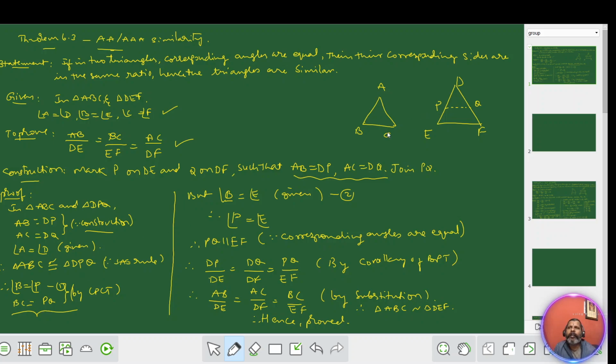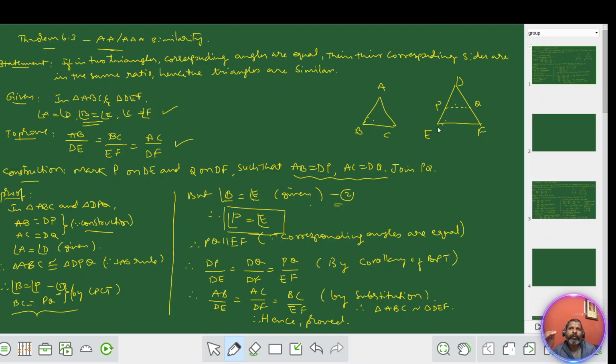But we know B is equal to E by given. Just now we proved B and P are equal, but we know B and E are equal. By observing 1 and 2, we get P and E are equal.